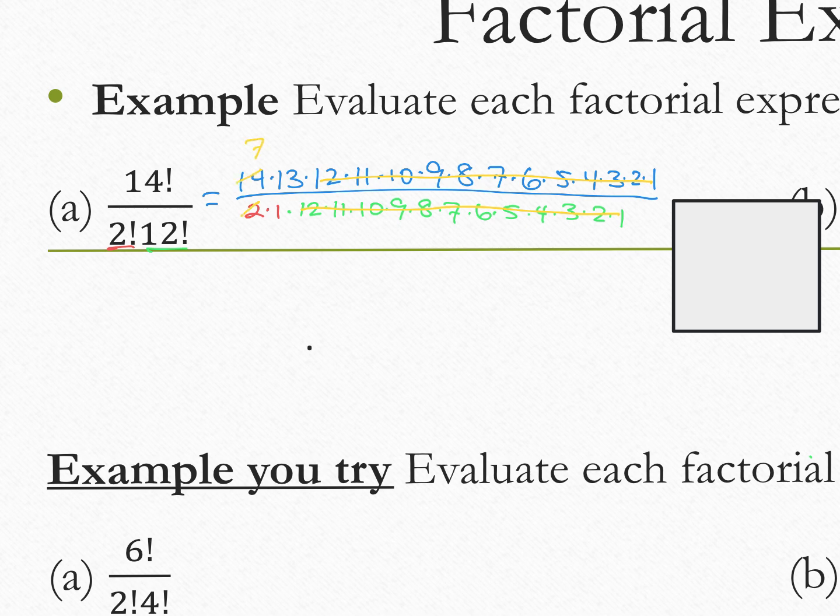So our final answer here is 7 times 13, which is 91. Now, instead of writing all of that out, couldn't we have just done 14 times 13 times 12 factorial over 2 factorial times 12 factorial? We know 2 factorial isn't much to write. And then notice the 12 factorials would cancel. And we do get the same answer.